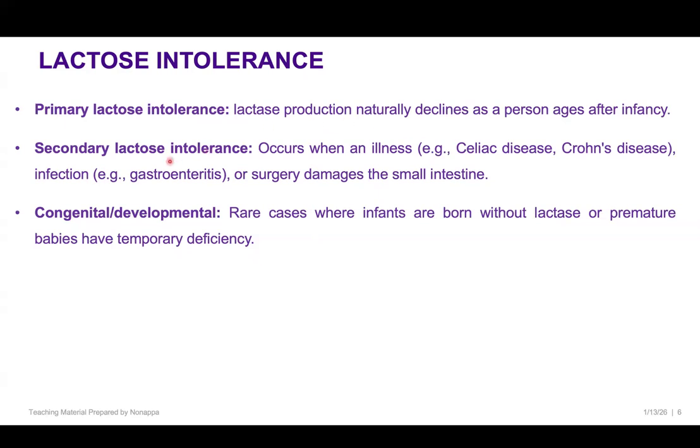Secondary lactose intolerance can occur due to an illness such as celiac disease or Crohn's disease, or surgery that damages the small intestine. There is one rare case which is congenital or developmental, when infants are born without lactase, or premature babies who have temporary lactase deficiencies.